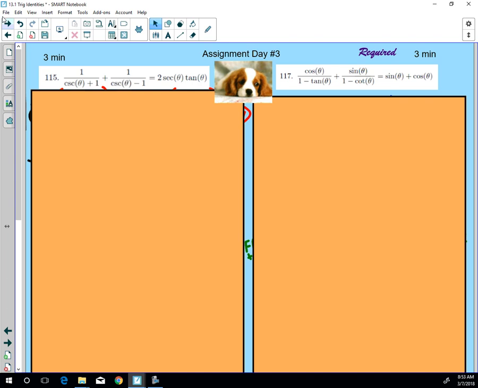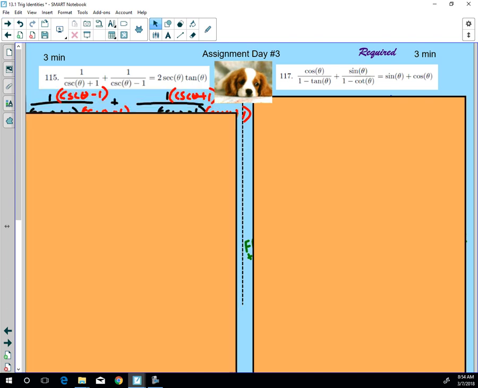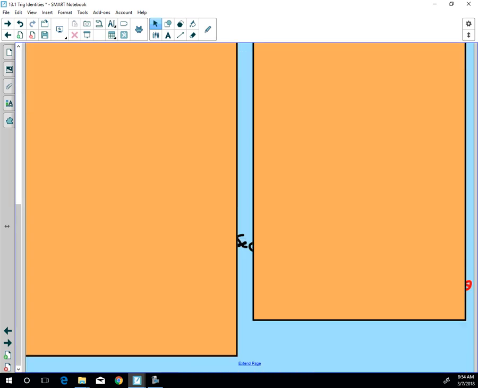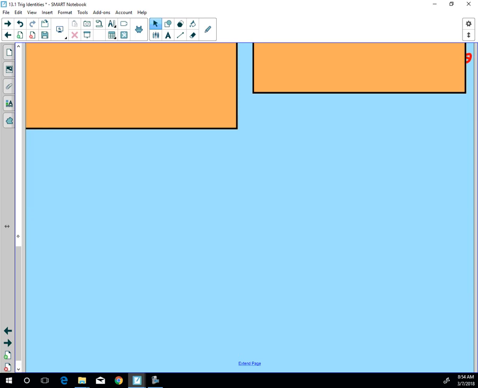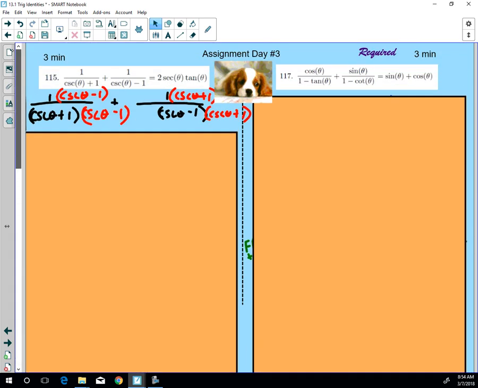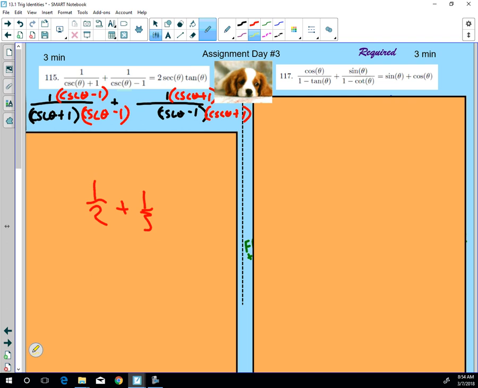If we do 115, I'm just going to show these quickly here so we can move on. What I did with these two is I got a common denominator. Whenever you're doing fractions, you want to get a common denominator. 1/2 plus 1/3, you're going to have to multiply by 2 over 2 and 3 over 3, and then you could add those up.